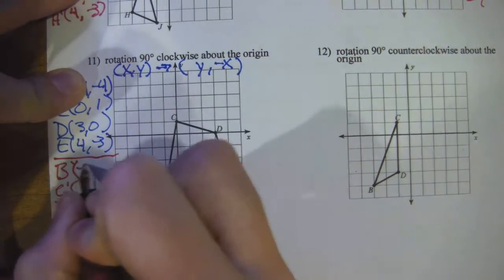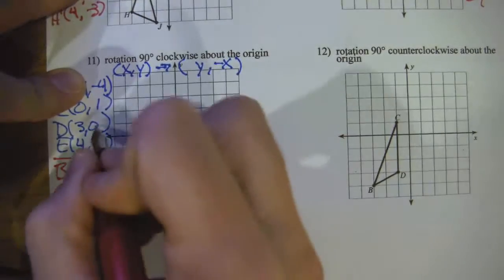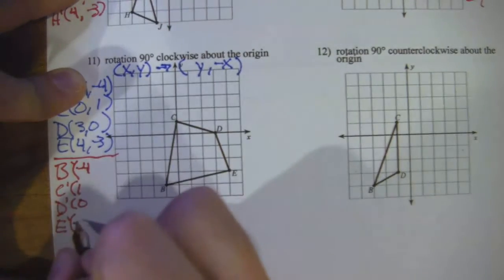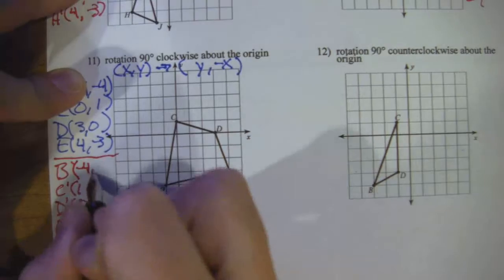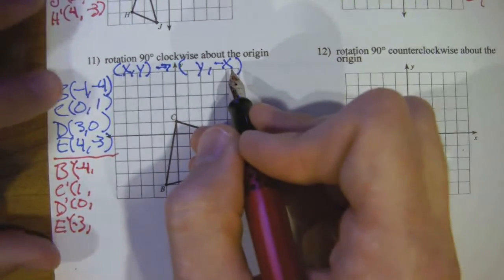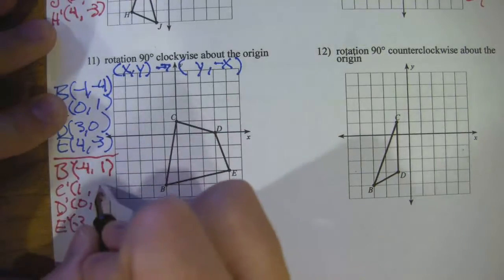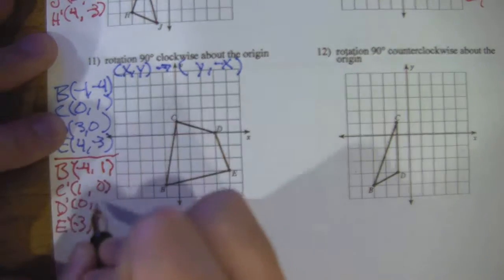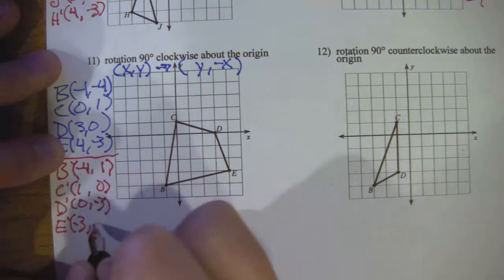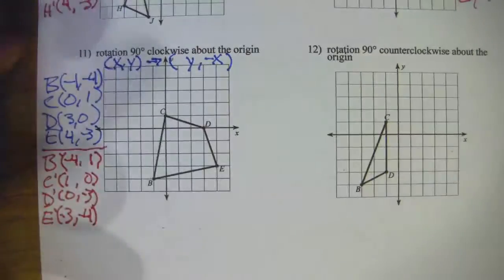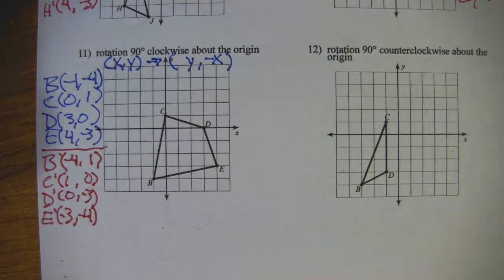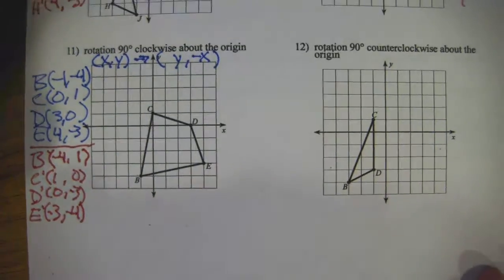So -4, 1, 0, and -3. All right. The X's become opposites. So opposite of -1 is +1. Opposite of 0 is 0. Opposite of 3 is -3. Opposite of 4 is -4. Cool. And there it is. We're done. All right, let's hit this last one and we'll call it a day.